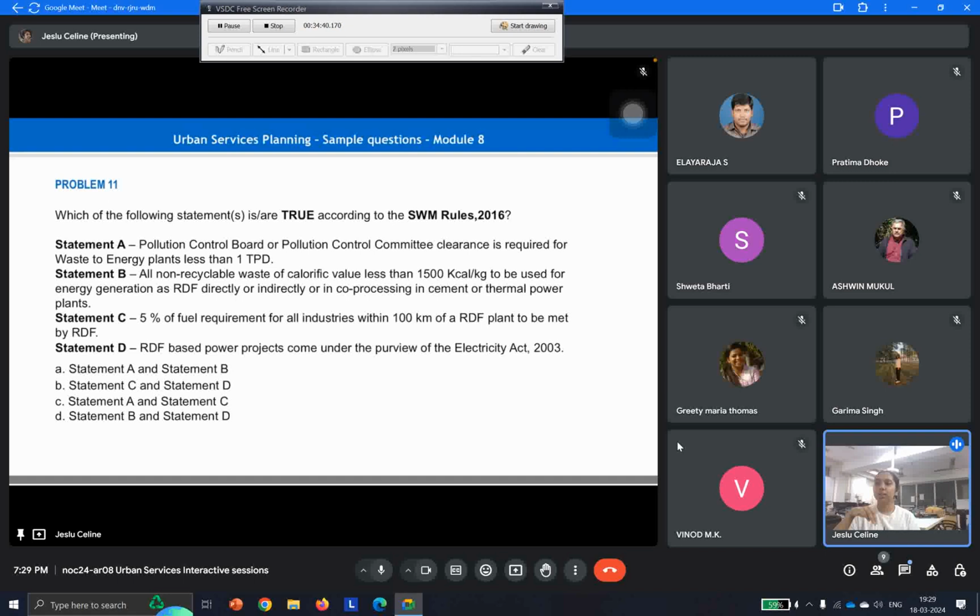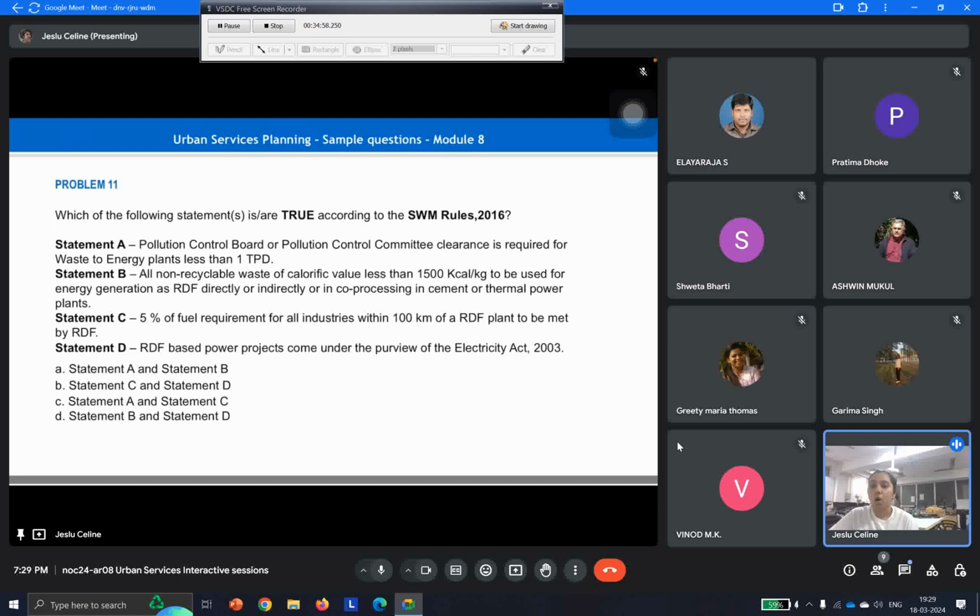Right. Let's proceed on. Question 11. Which of the following statement or statements are true according to Solid Waste Management Rules of 2016? Statement A, Pollution Control Board or Pollution Control Committee clearance is required for waste to energy plants less than 1 TPD.